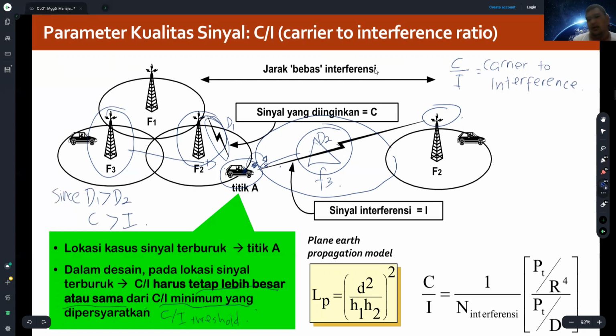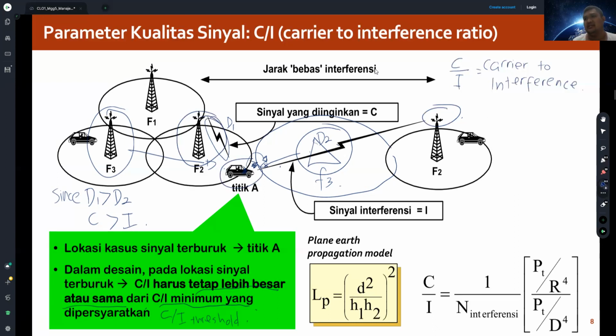Okay. Now, usually we are using the two-ray propagation model. By using the two-ray model, we can see that the power of the carrier C is equal to the power divided by the loss, right?